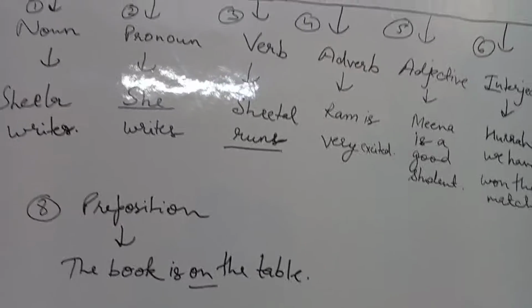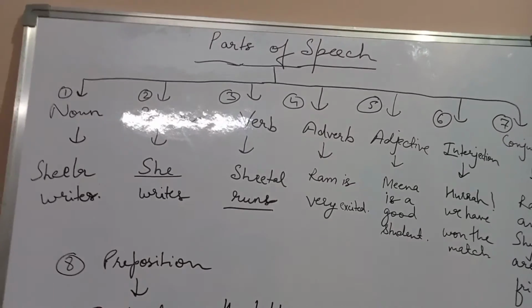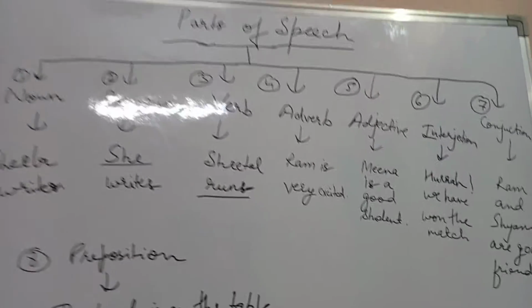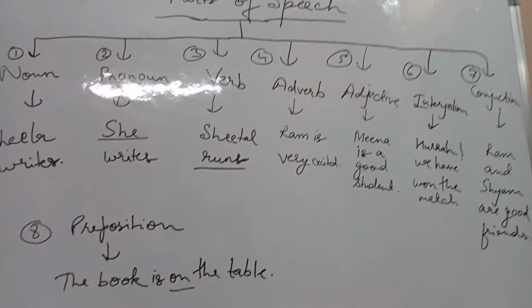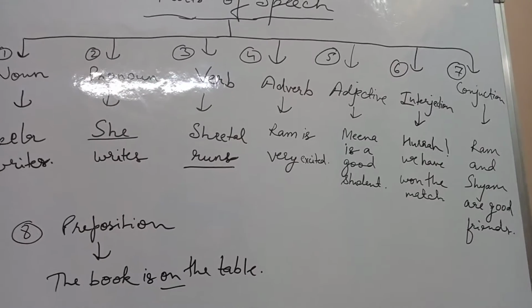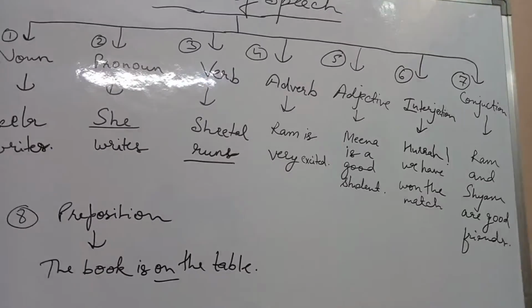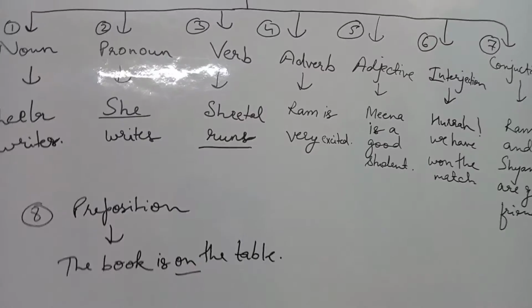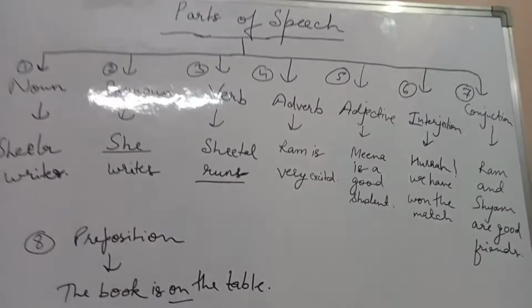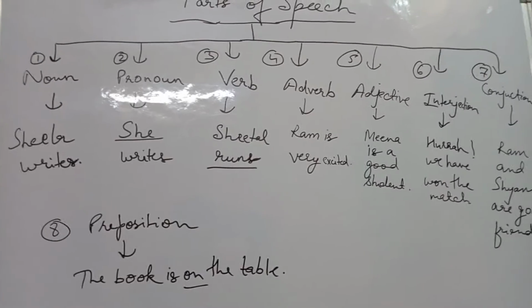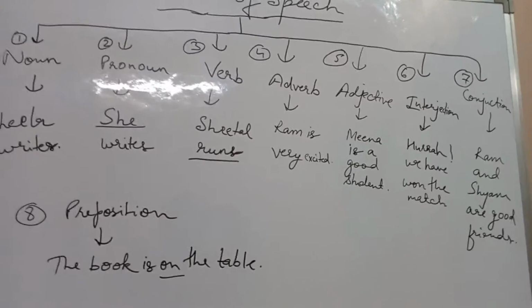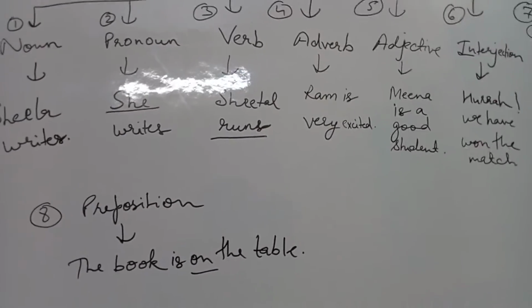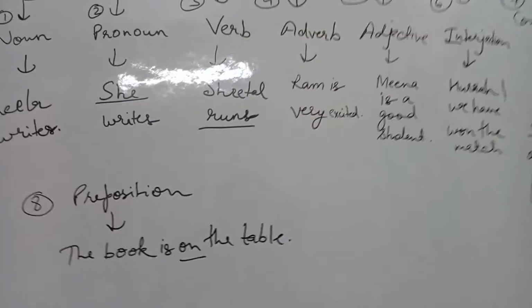Okay, now coming to the third part of speech, which is verb. What is a verb? Verb is the kind of activity which is being performed in a given sentence. For example, Sheetal runs, Ram cries, Arun walks, Reema is a good girl.